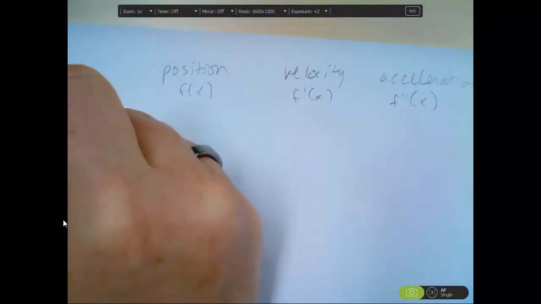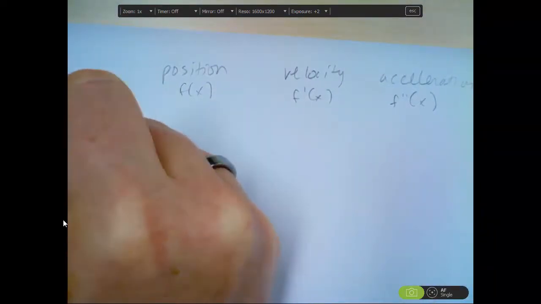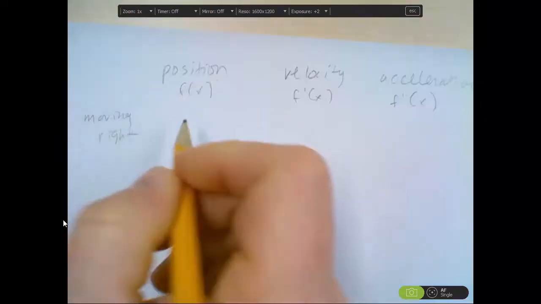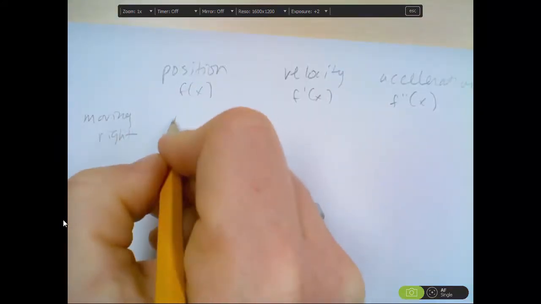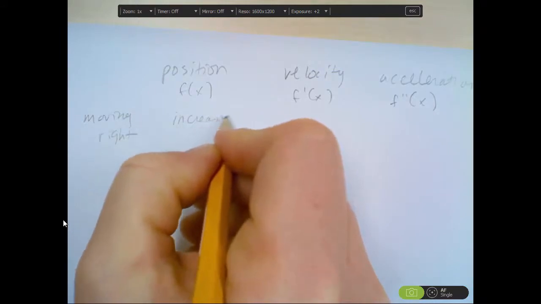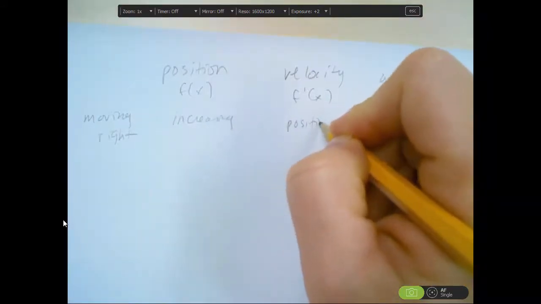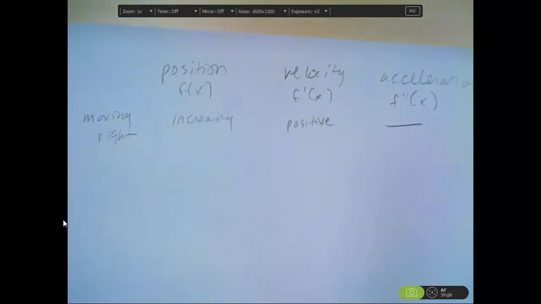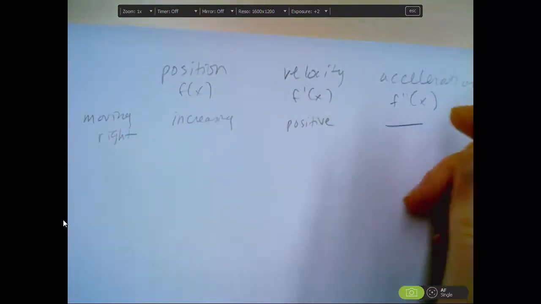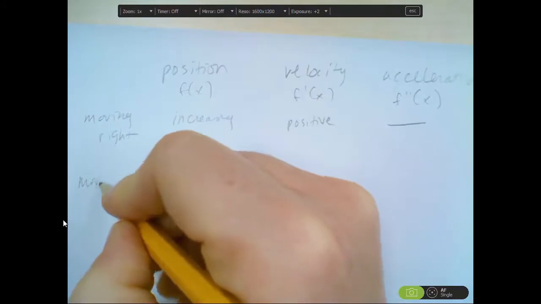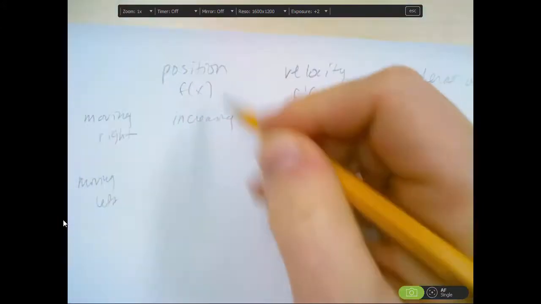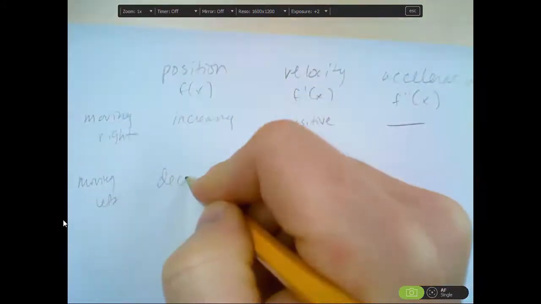When the particle is moving right, the position is increasing. First derivative is positive. We don't know anything about the second derivative when that's happening. If it's moving left, the position is decreasing.